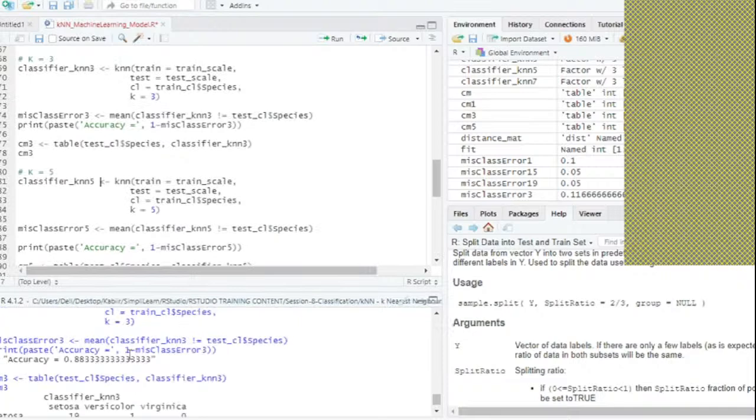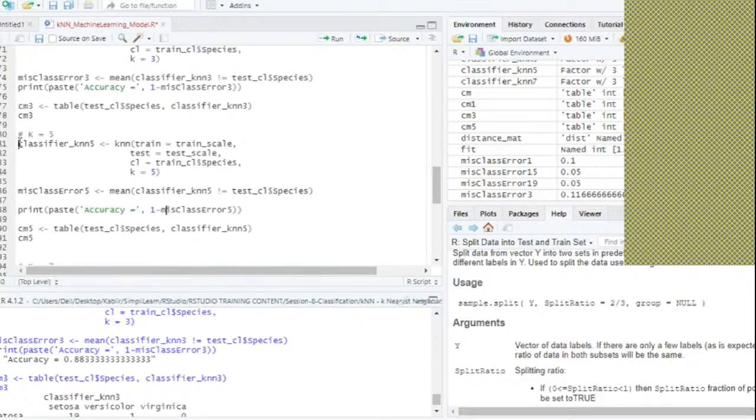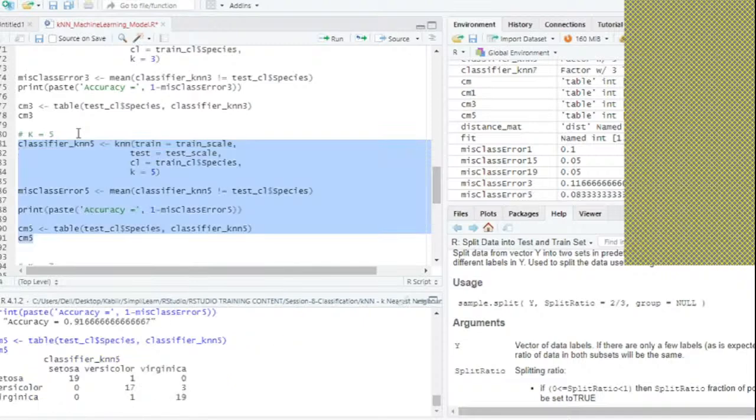With k equal to 3, my accuracy comes to 0.88. Earlier it was 0.9. So I'll try 5. When I take 5, it increased to 92%.